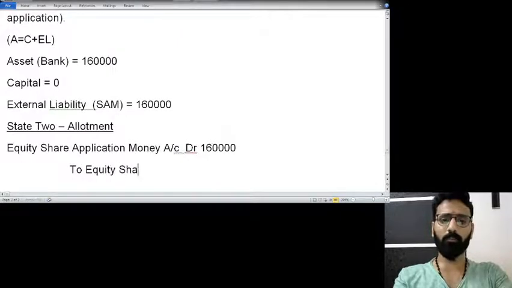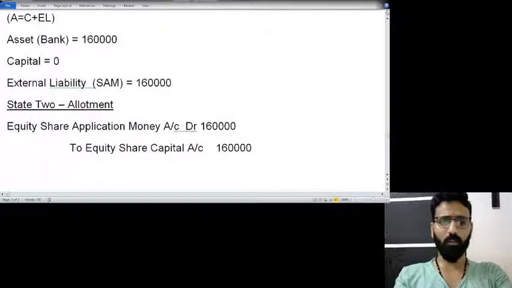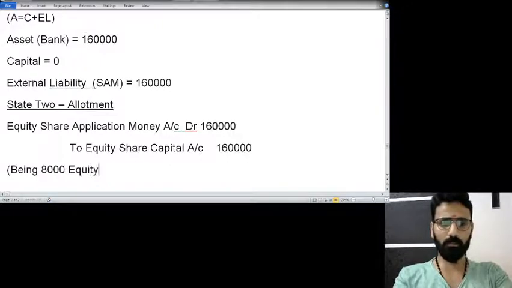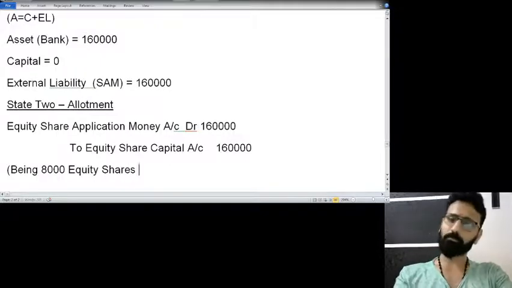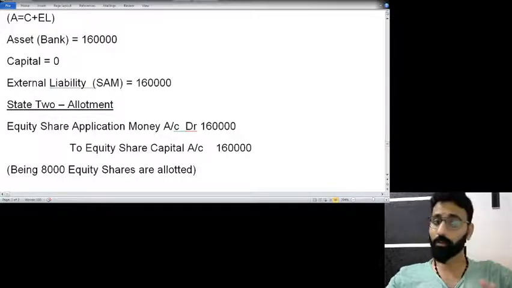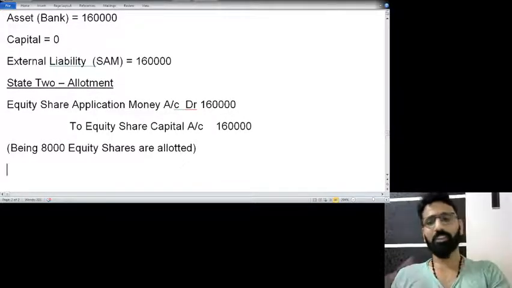I will transfer the same to equity share capital account, that is 160. Now what I'll say, being 8,000 equity shares allotted. Now I allotted means converted your application money into share capital.